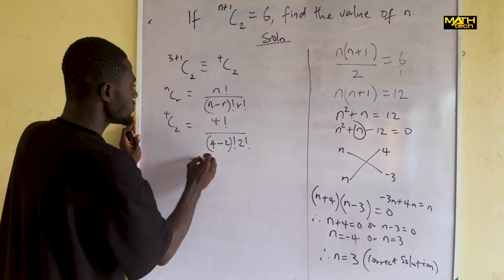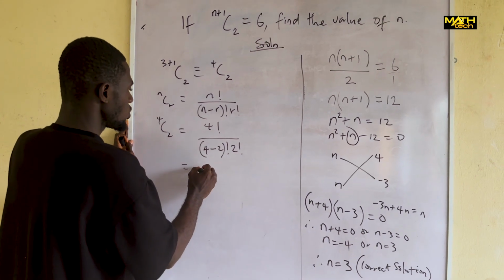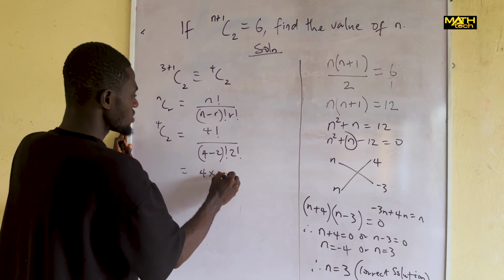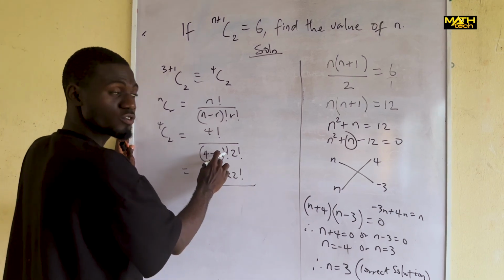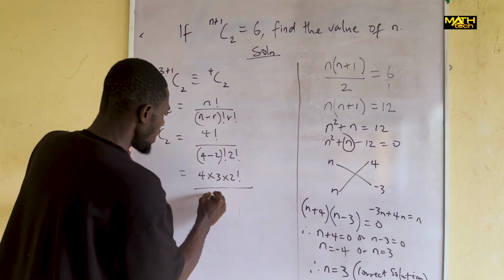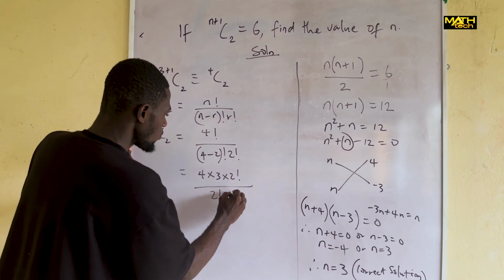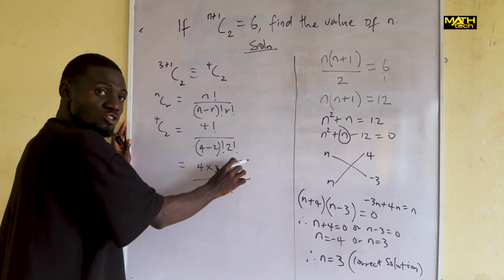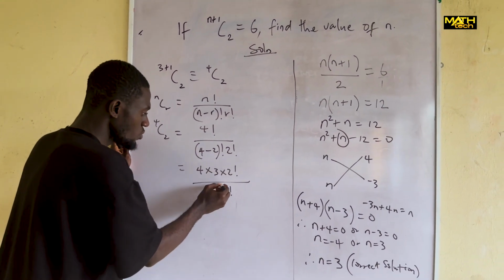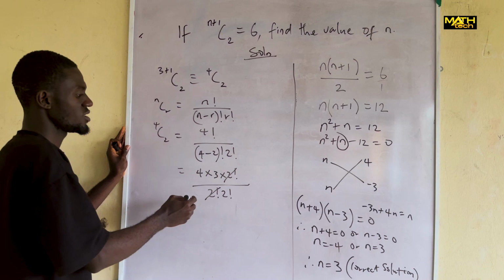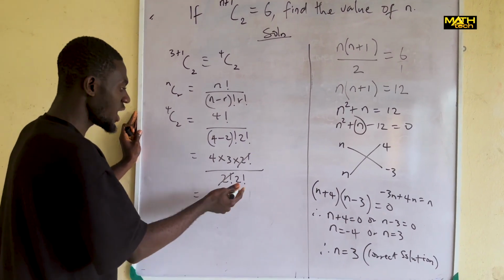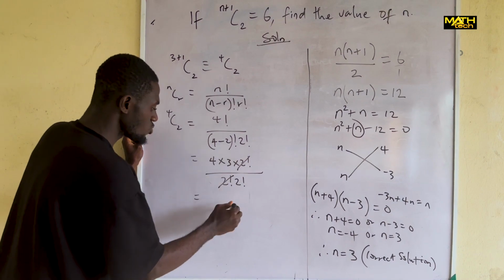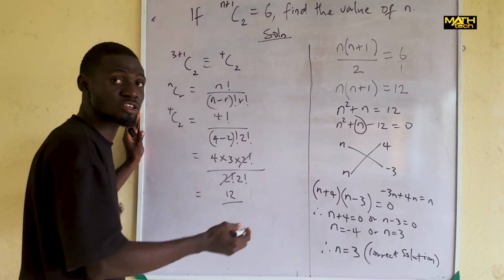And here we'll be having 4 factorial is what? 4 times 3 times 2 factorial, all over 4 minus 2 will give us what? 2. So here we'll be having 2 factorial and 2 factorial. We see that there are common things in the numerator and the denominator. So 2 factorial goes with 2 factorial. So here what we have left is what? 4 times 3 is what? 12. And our 2 factorial is what? 2.